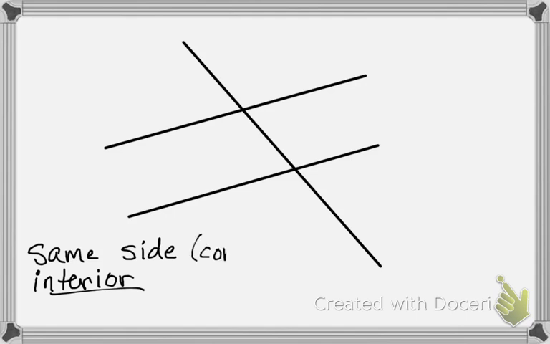All right, so you could see this as either same side or consecutive angles. All right, and so again, same side interior, they're on the same side of the transversal, and they're on the interior of your parallel lines. So you're going to have, say, this angle and this angle. So they're on the same side of that transversal, but they are going to be both on the interior of your parallel lines.